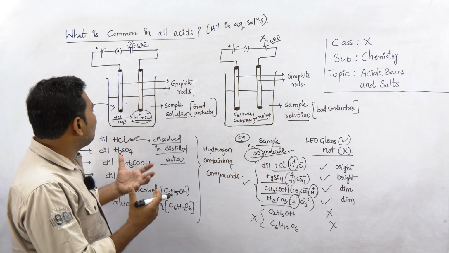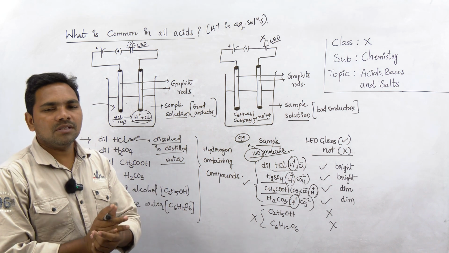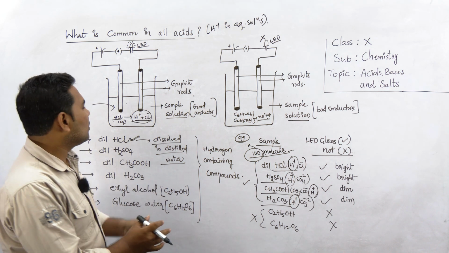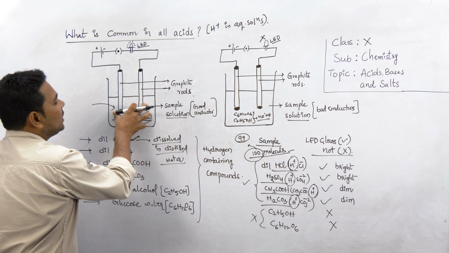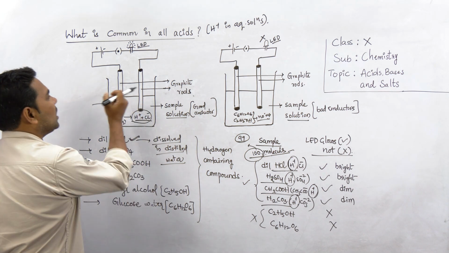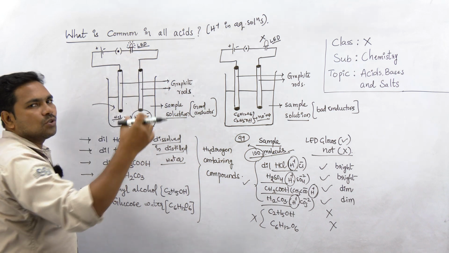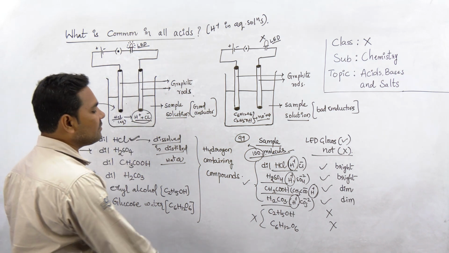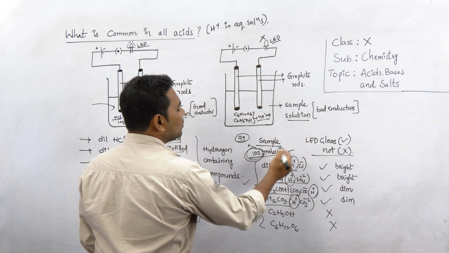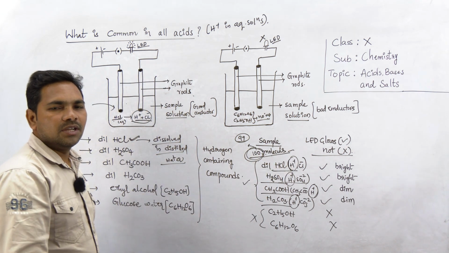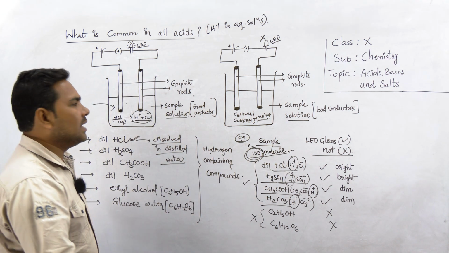So due to production of more ions, due to complete ionization, there are more ions present in the solution, they carry more charge and the LED glows brighter, right? Whereas in the case of H2SO4, same, if you take 100 molecules, all the 100 molecules ionize to produce hydrogen ions and sulfate ions.